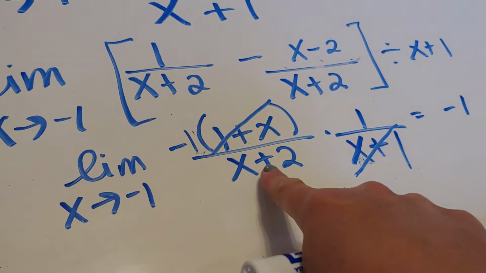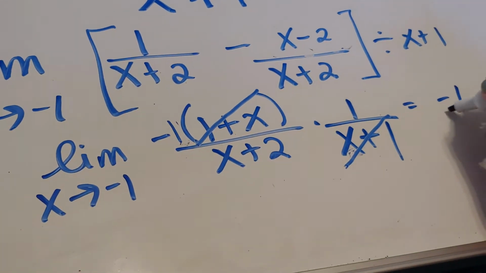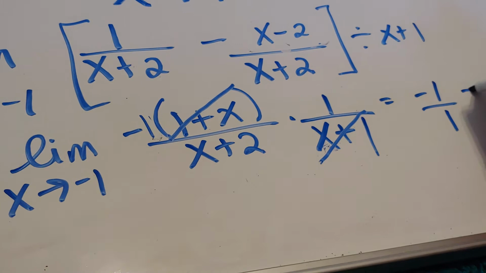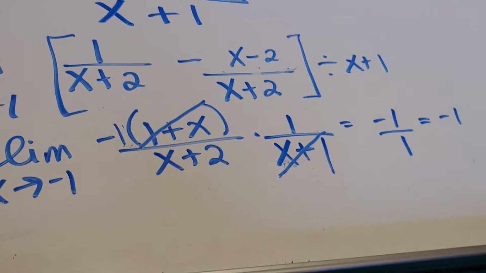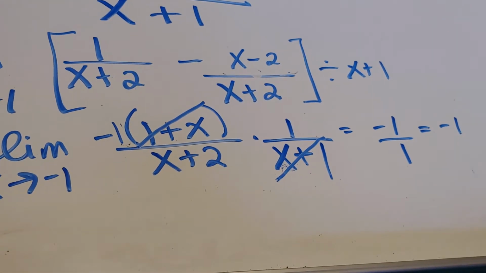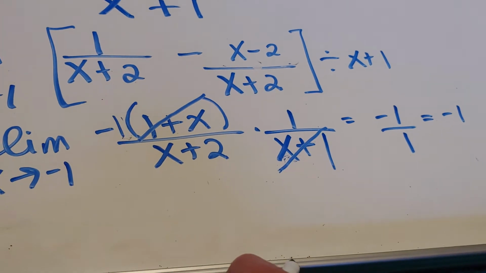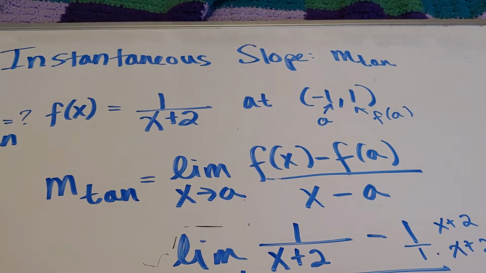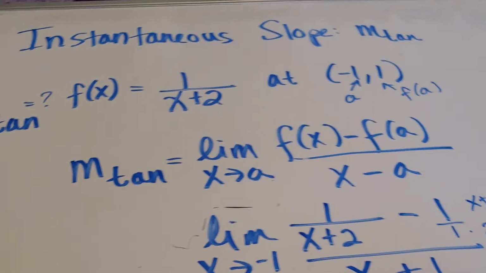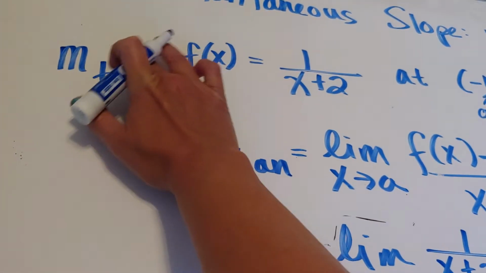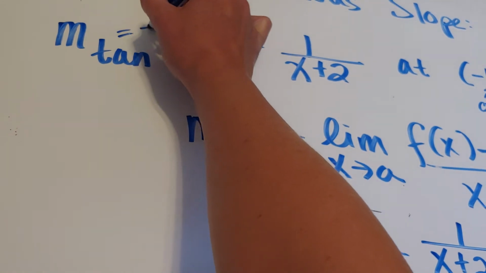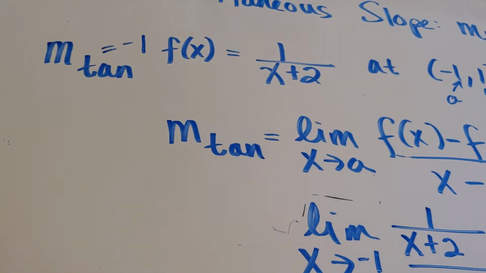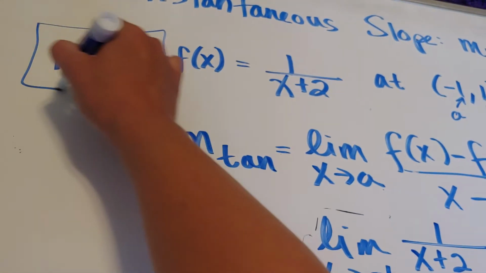I get a negative 1 plus 2, which is a positive 1. So I get negative 1. All right, so what I found out is for my function, 1 over x plus 2 at the point negative 1, 1, if I were to graph that, I have an instantaneous slope of negative 1. All right, so that's my answer.